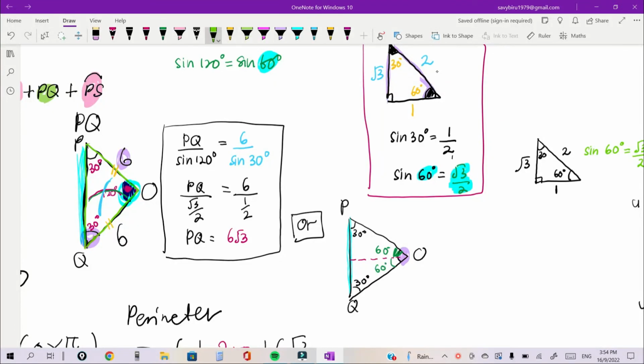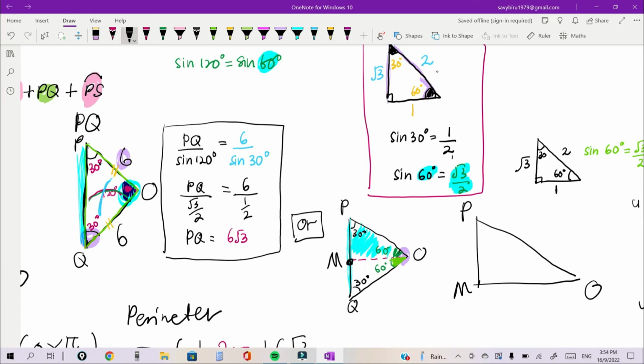If I take out this triangle, your triangle now becomes like this: O, P, and this is the midpoint. Now we want to find this length. Here you have 30 degrees, here you have 60, and here is 6 cm.